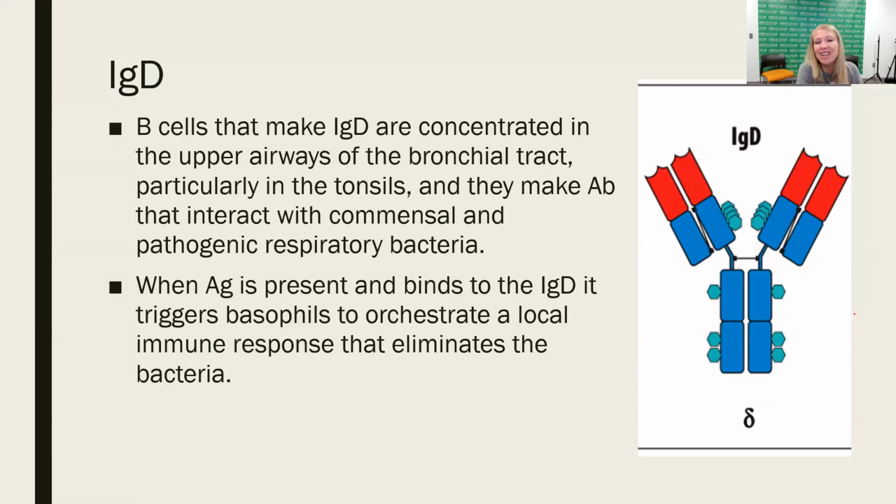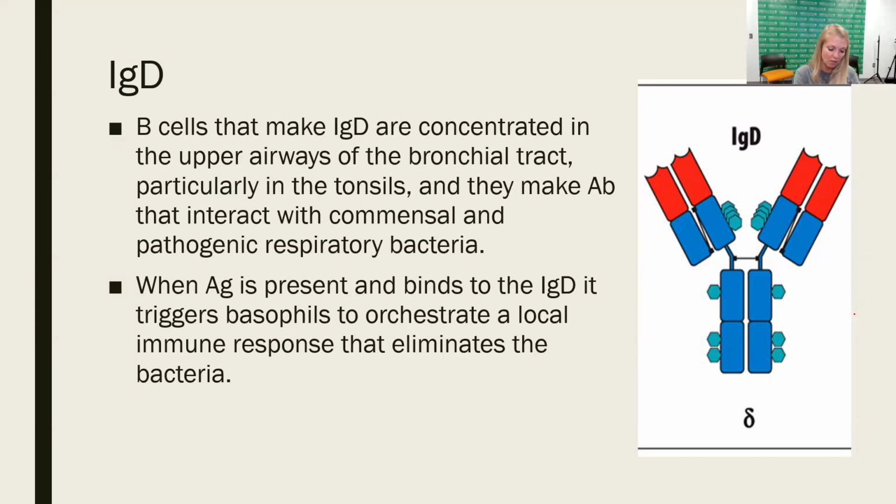IgD, I don't have a lot to say about it. It's really not that impressive. It's one of the first made, right? It's going to be bound on the surface of naive B cells. We do see it in the respiratory tract. But largely it's not a huge player in the immune system as far as we know.